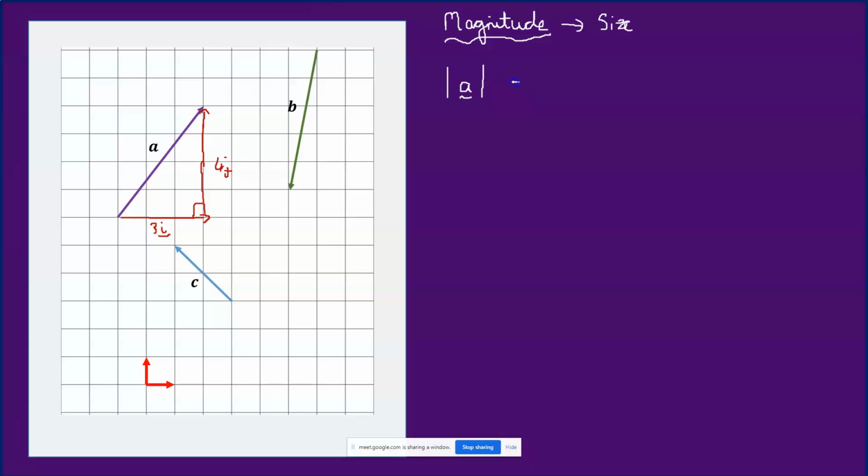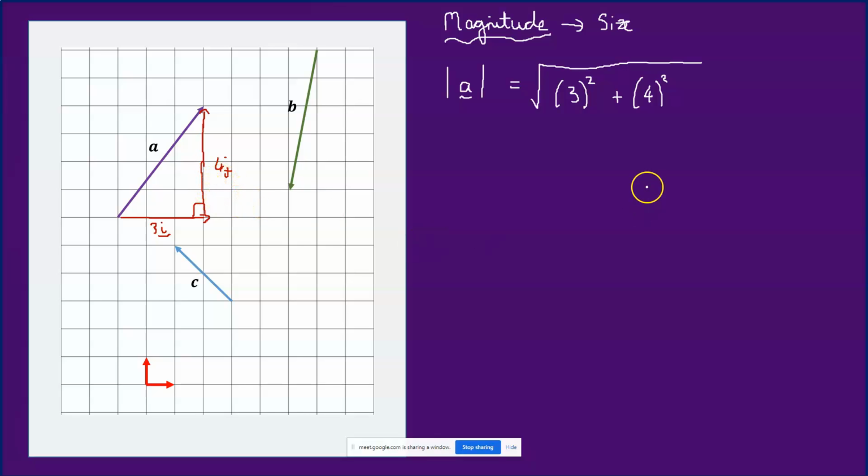Okay, so the way we find the magnitude is basically to do Pythagoras on it. So we're just going to square root 3 squared plus 4 squared. So basically, if you were asked to find out how long that is, you just do Pythagoras.